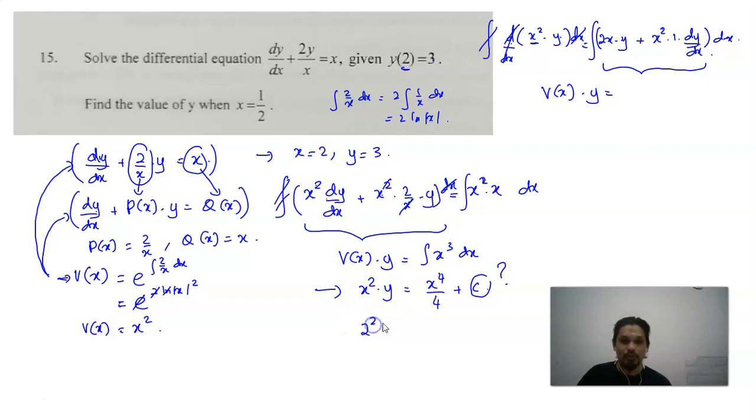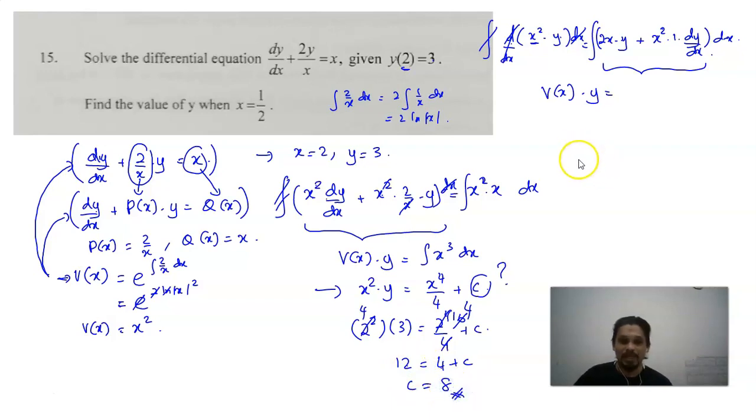So 2 squared times 3 equals 2 to the power of 4 divided by 4 plus c. 2 squared equals 4, 4 times 3 equals 12. 2 to the power of 4 is 16, and 16 divided by 4 is 4. So 12 equals 4 plus c, then c equals 12 minus 4 equals 8.